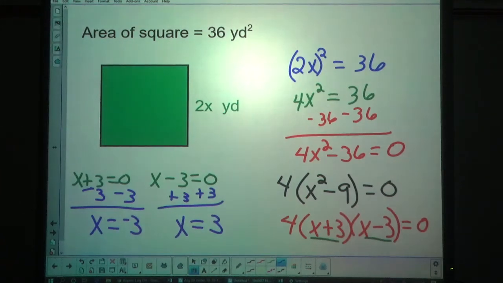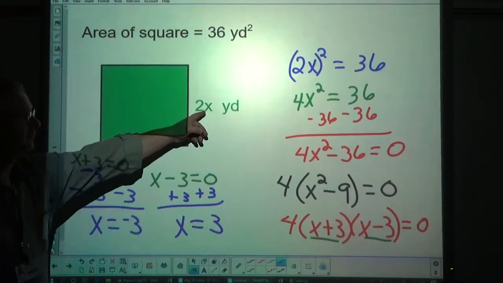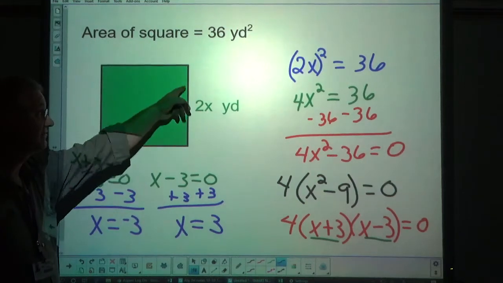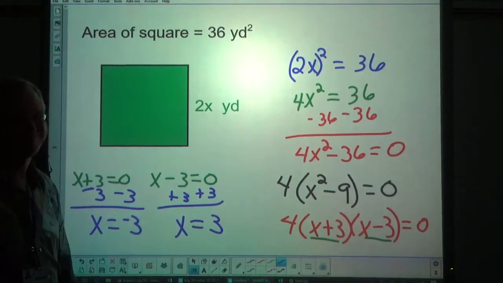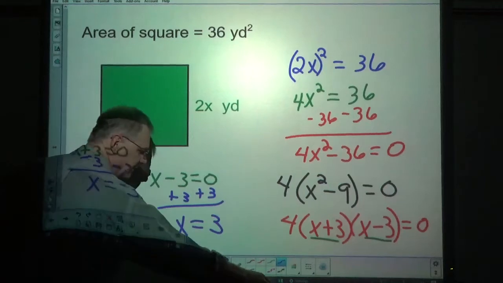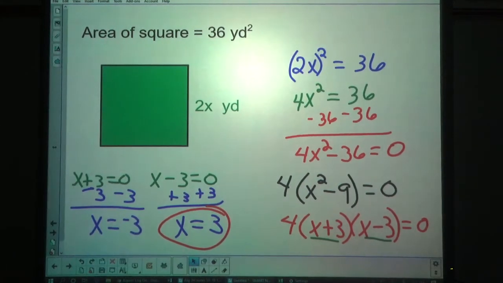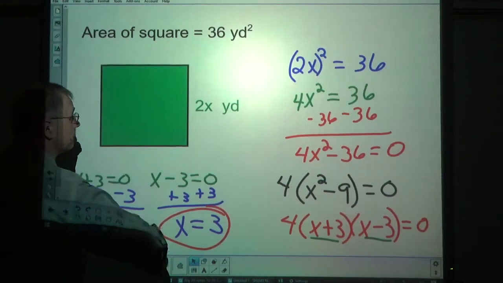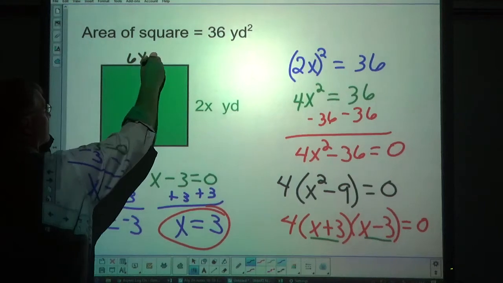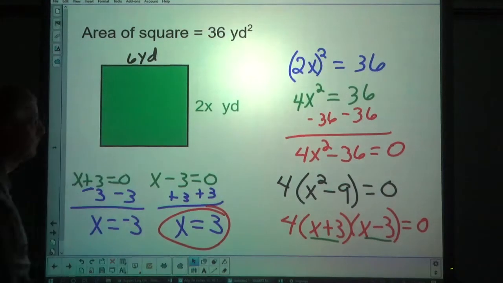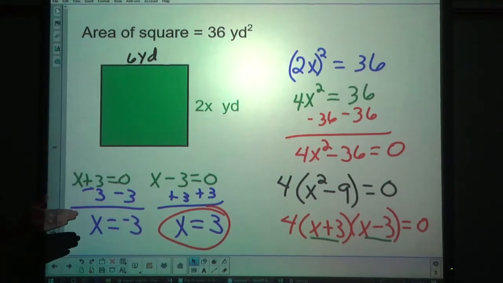Well, am I going to be able to have, if I put negative 3 in here, a negative 6 yards on a side? Not going to work. So I need to use positive 3 as my answer so that one side of this would be 6 yards. And that's how you do that problem. X has to be 3, and the length of the side would have to be 6 yards.